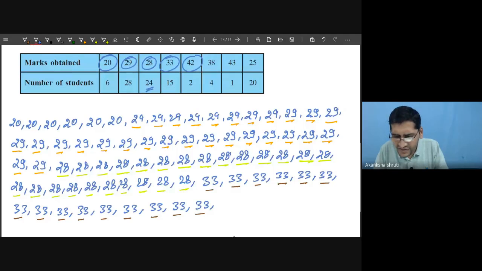How many times? 2 times. So after 33, we have to write the 42.